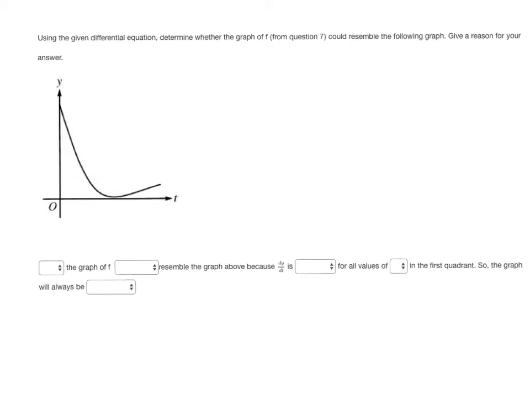So if we think about the because, well, the dy dt that we're working with here, dy dt is equal to negative 0.02y squared. So as long as y is in the first quadrant, and in fact for any value of y, because you're squaring it, this piece of my derivative is always going to be positive.